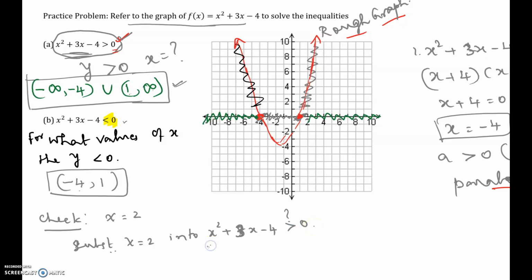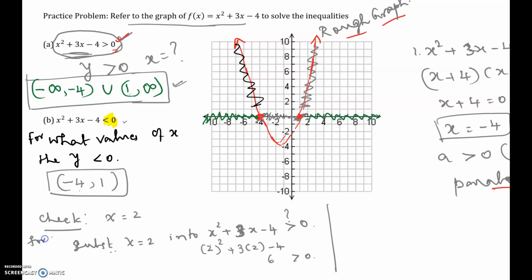So we get 2 squared plus 3 times 2 minus 4. So it's 4 plus 6, 10, 10 minus 4, which is 6, definitely positive. So it does satisfy. I'm just checking a random number in this interval, but it is true for every value in this interval.